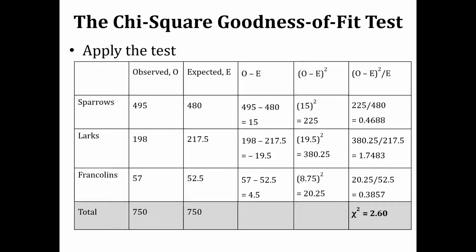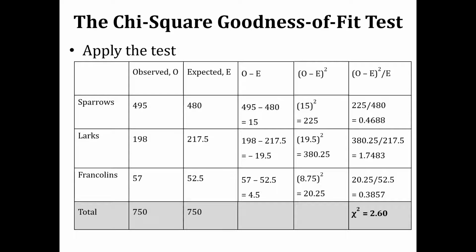0.4688 value. And then we divide the square of difference between observed and expected frequencies of larks with the expected frequency of larks, and we get 1.7483. And then we divide the square of difference between the observed and expected frequencies of francolins by the expected frequency of francolins, and we get the value, which is 0.3857.